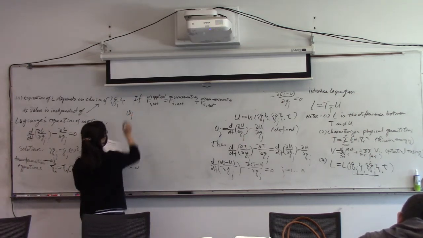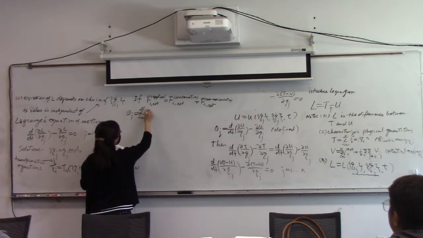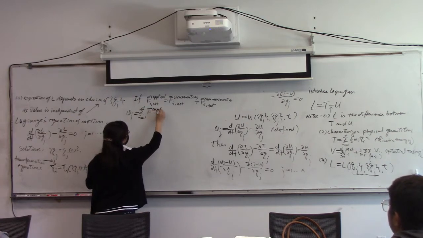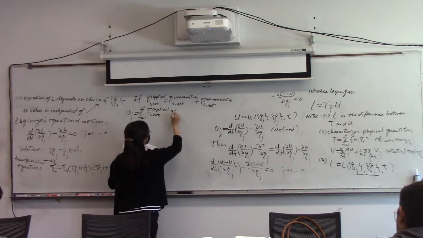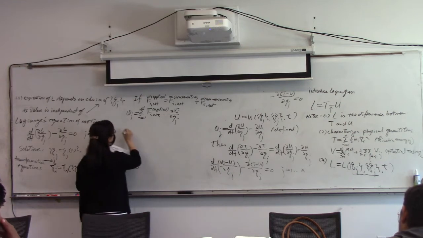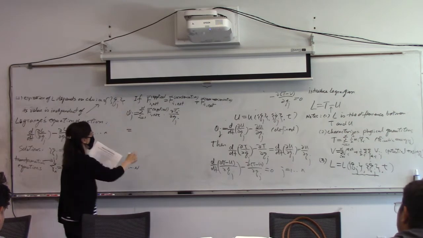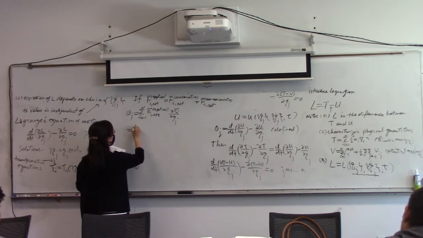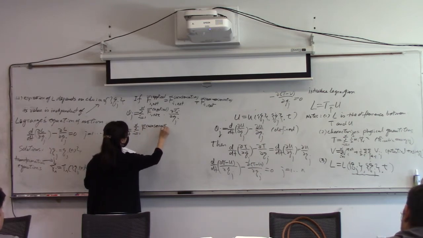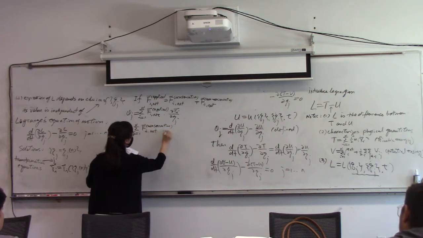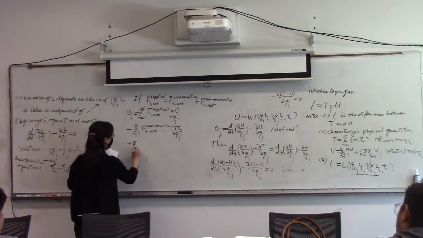Then this generalized force, by definition, is the summation over all the particles of the applied force times partial Ri over partial Qj. So now we have two terms when we substitute the applied force, separated into conservative and non-conservative parts. The first one is conservative, which we already discussed, and we have this result. And then the non-conservative part.